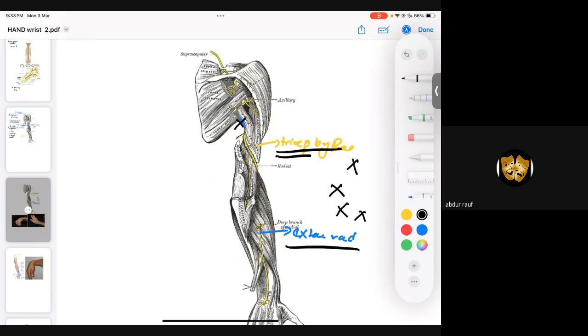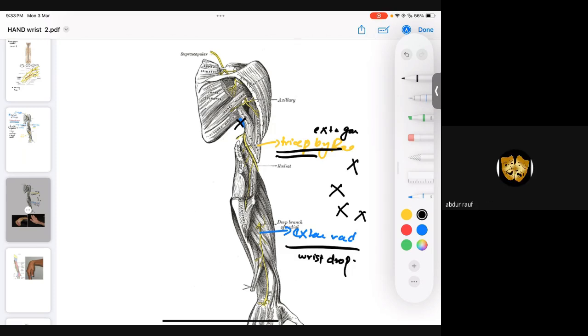So what's the function of your triceps? It extends your arm. So can I say that extension of your arm is also gone? Along with that, you're also going to see wrist drop, right?